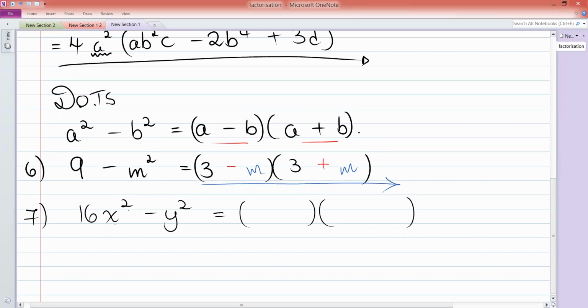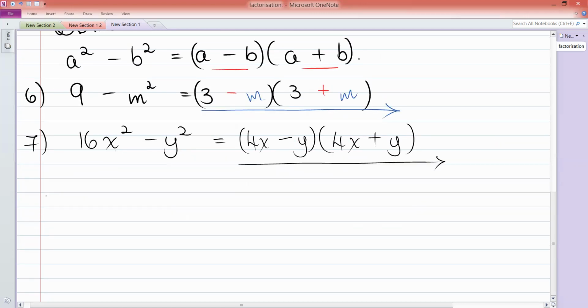If I were to take the square root of 16x squared, what's the first term I should put in the first position in both brackets? 4x. Well done. 4x and 4x. Then we know that one's going to have minus, the other one's going to have plus. And square root of y squared is just y. Y, ma'am. There we go. Awesome. All right.